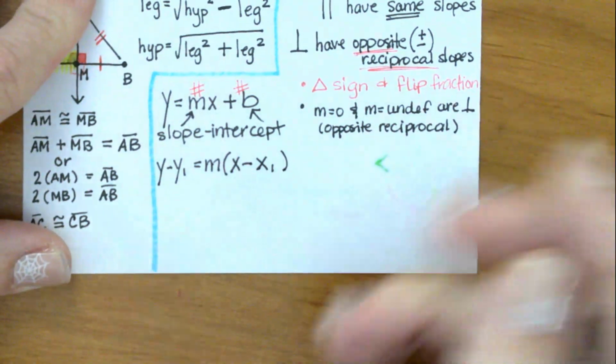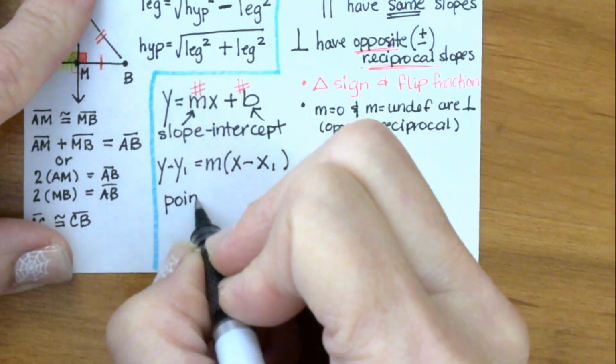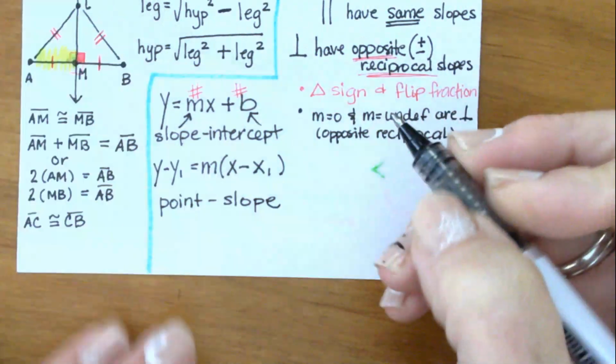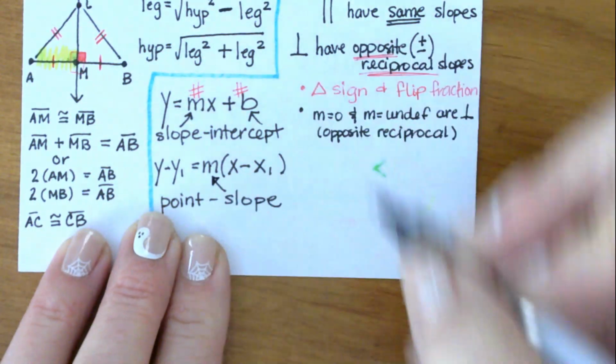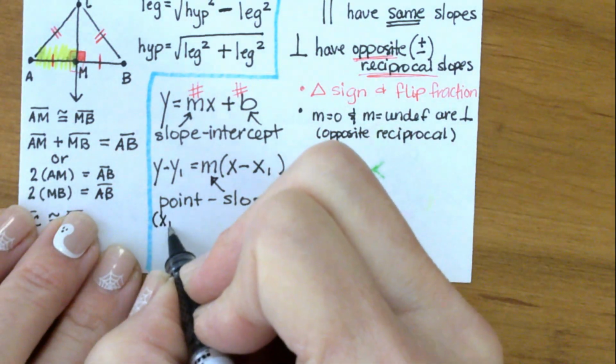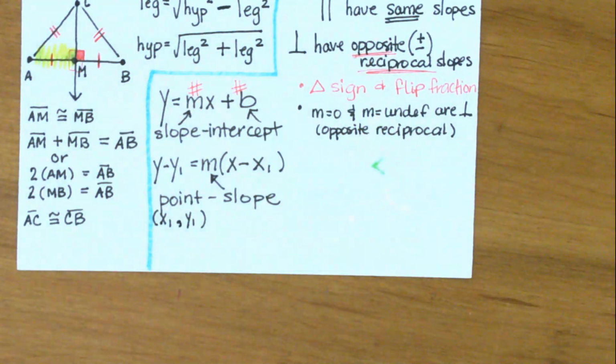Okay, this one is called point slope. Okay, you still have a slope. And then the x1 and the y1 is the point.